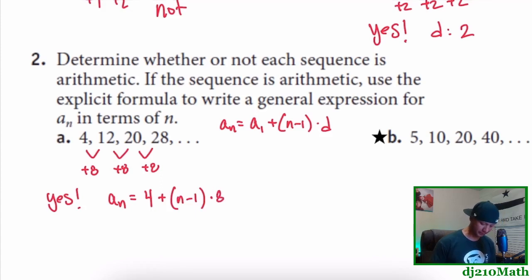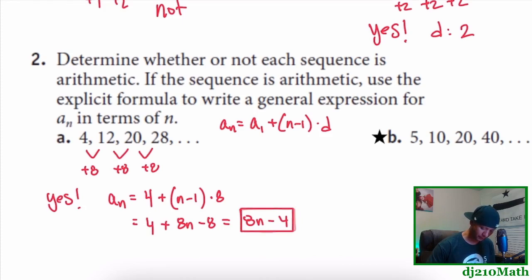Simplifying this, we get 4 plus 8n minus 8. Combining like terms, we get 8n minus 4. So a sub n is equal to 8n minus 4.